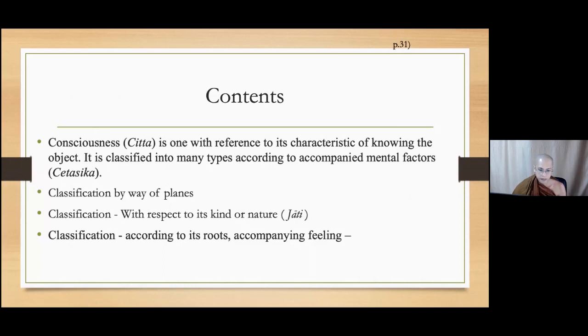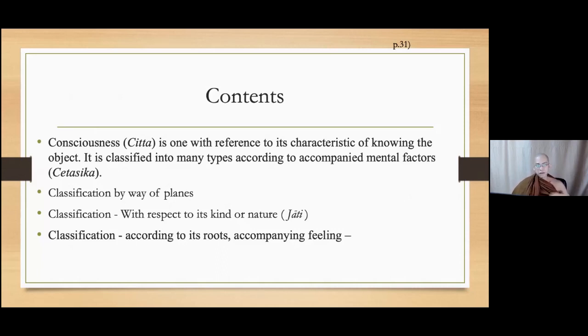The characteristic of that consciousness is knowing the objects. So consciousness, or citta, just does the action of knowing the objects. So if we speak through the characteristic, the citta is only one thing.